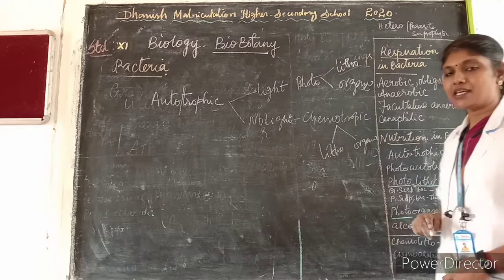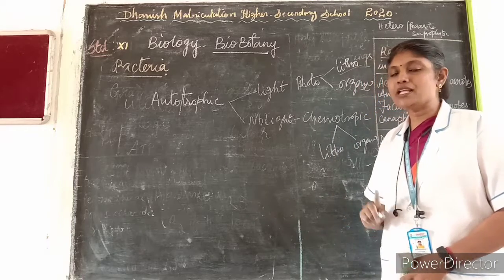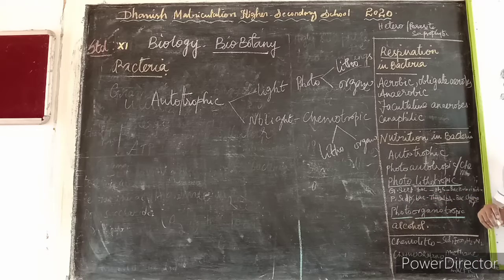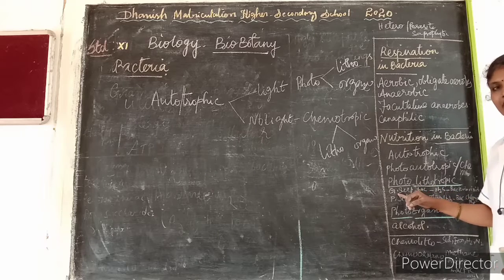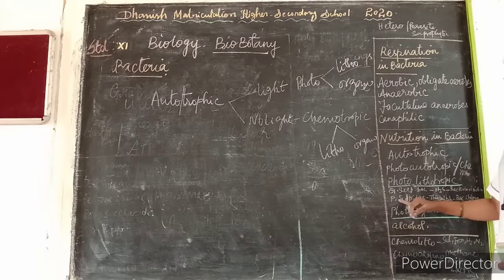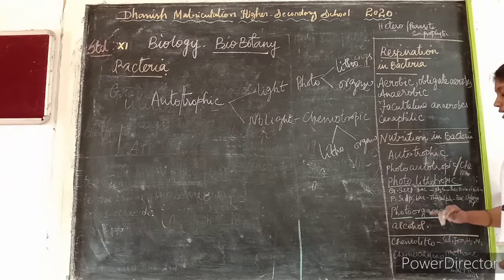Bacterioviridin is present in green sulfur bacteria. Bacteriochlorophyll is present in purple sulfur bacteria. They use hydrogen sulfide as the substrate in green sulfur bacteria, and thiosulfate in purple sulfur bacteria. Understood?